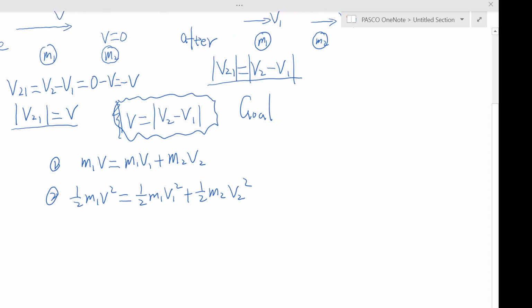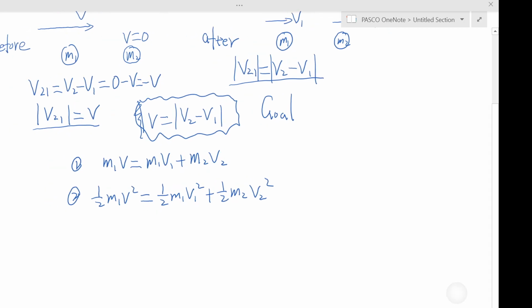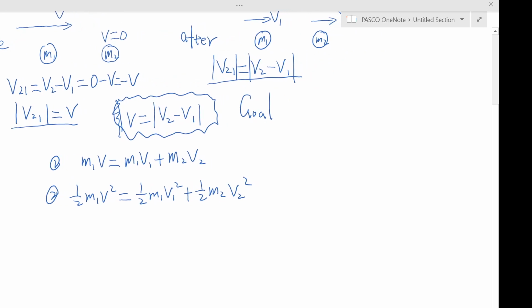With those two equations, I'm gonna try to represent v2 and v1 with v, and then I'm gonna plug them into this equation. Hopefully they will give me v.